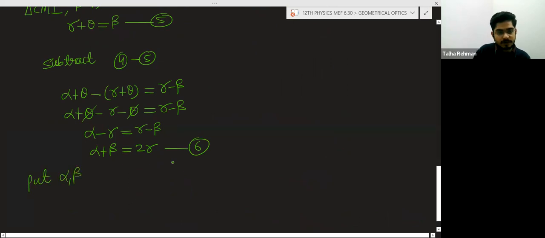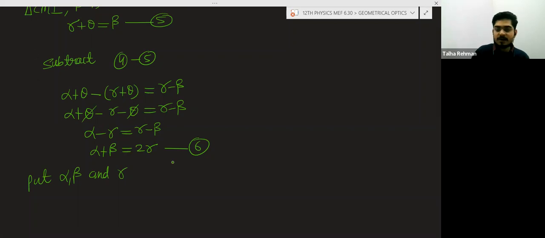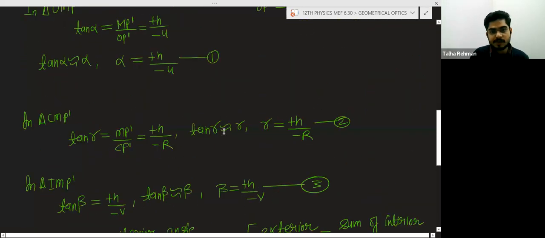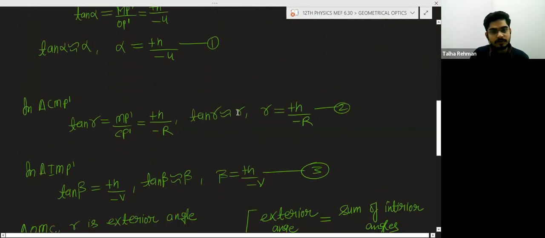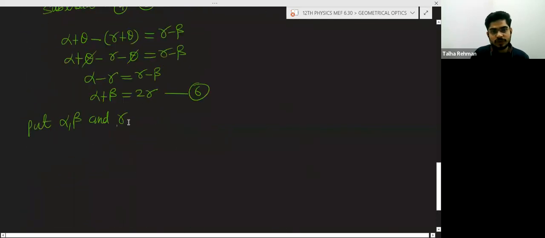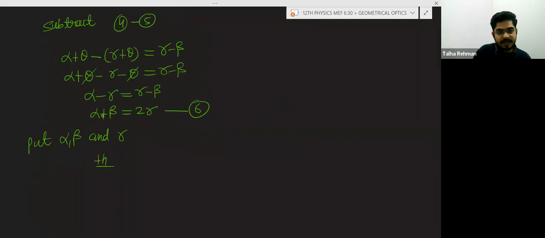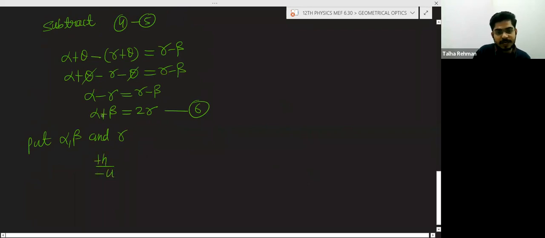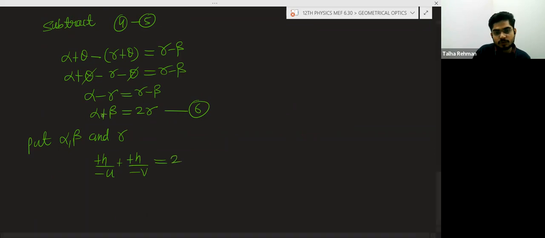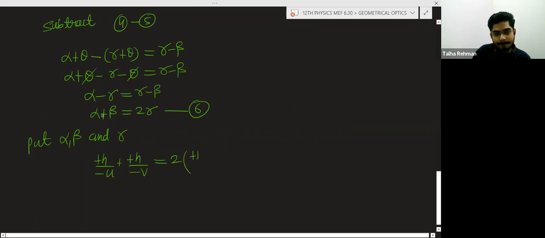So alpha is plus h divided by minus u. Beta is plus h divided by minus v. Gamma is plus h divided by minus r.